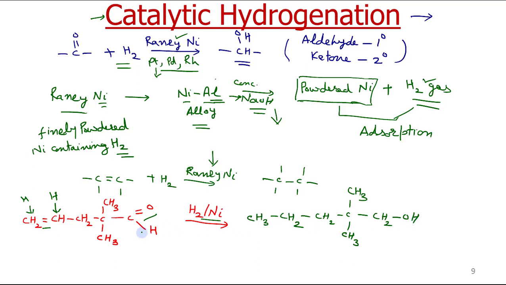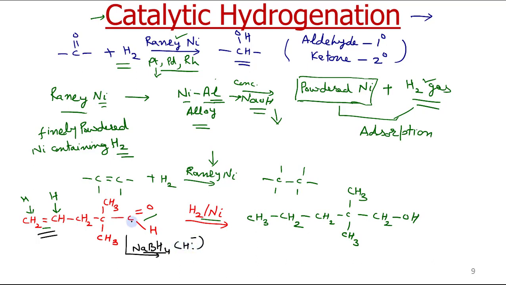Now if we remember, we can also reduce it using sodium borohydride. Sodium borohydride cannot reduce C double bond C. Why? Because it gives you H negative, which is a nucleophile.